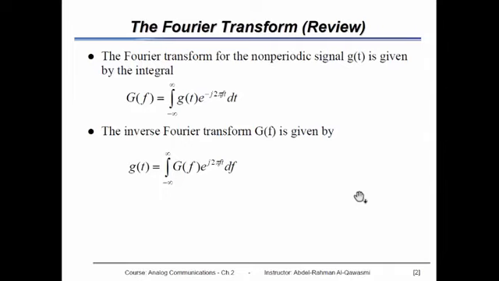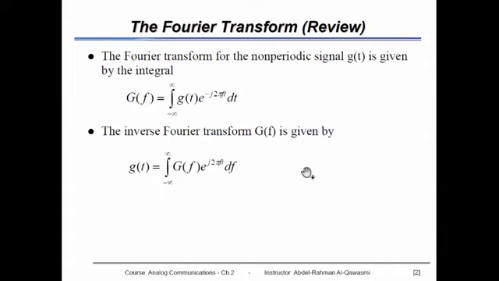signals analysis. And of course the inverse Fourier transform, to transform the signal from the frequency domain to the time domain, is g of t equals the integration from minus infinity to infinity of g of f multiplied by the exponential of j 2 pi f t df.